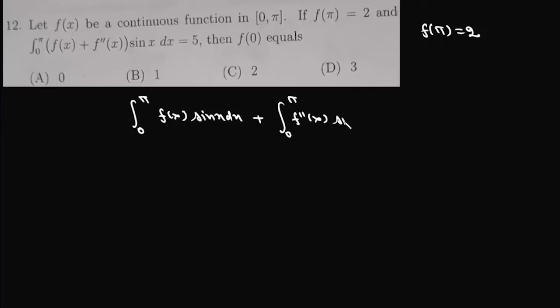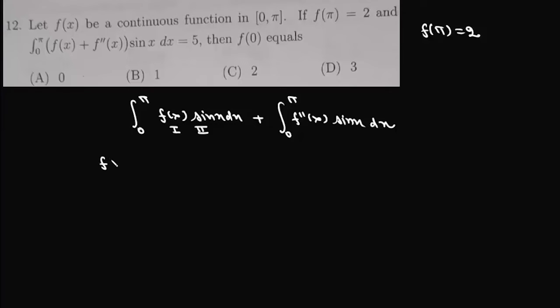f(pi) is 2, and we are also given this integral from 0 to pi of f(x) multiplied by sin x inside, dx, plus this integral from 0 to pi of f double dash x sin x dx. Now we'll solve this first integral taking f(x) as the first function and sin x as the second function.